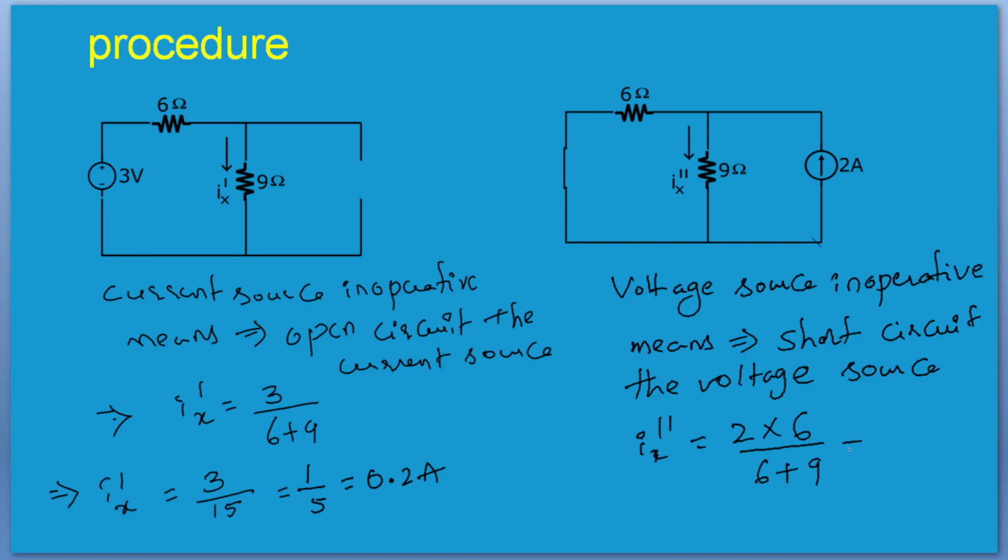So if you simplify it, you will get 12 by 15, which is equal to 4 by 5. That implies Ix double dash is equal to 0.8 amps.